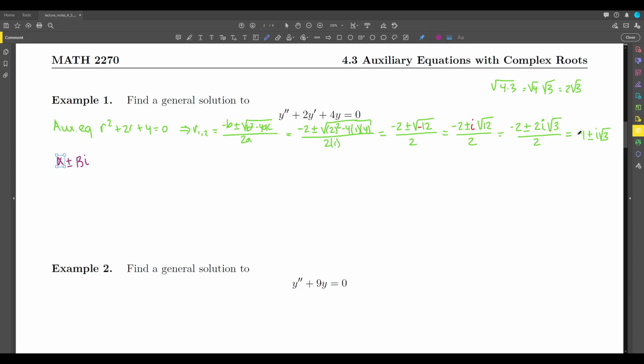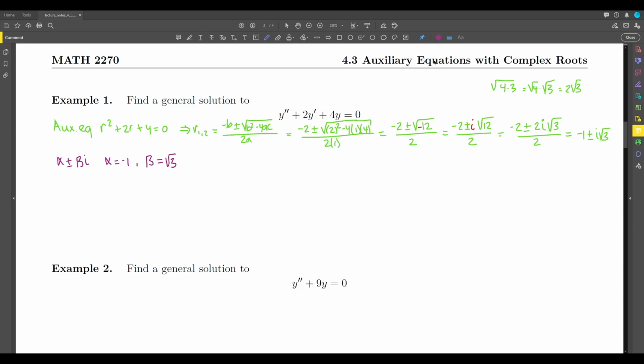And if you compare that here, we see that alpha equals negative 1, and our beta is square root of 3. Note that the general form already has a plus or minus, so we can always pick the beta value to be the positive value.